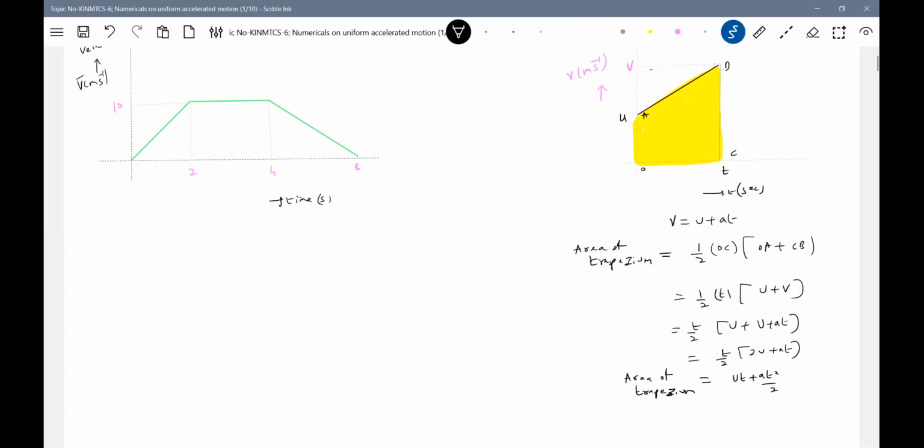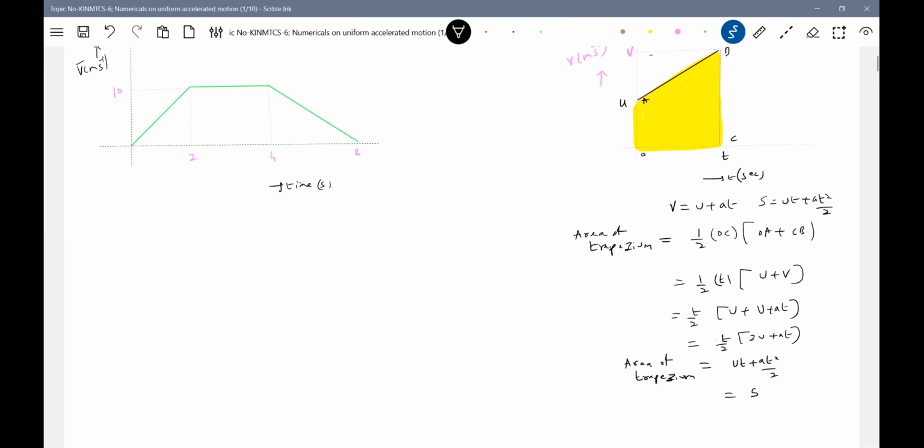Now, what is that UT plus half AT square? From equations of motion, S equals UT plus half AT square. So in place of UT plus half AT square, you can write S. And what is S? S is the displacement. So the area of the trapezium is nothing but the area under the curve in the VT graph.